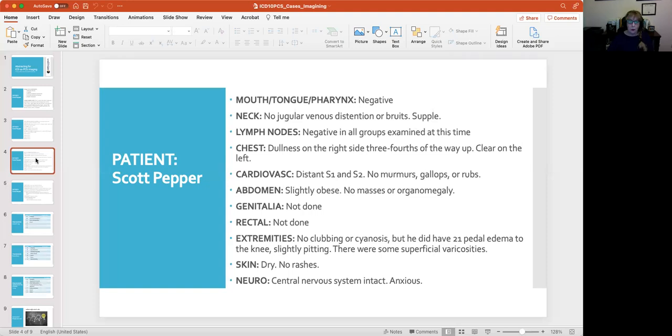Totally understandable. And, you know, another thing is when you read something like this, regardless of your particular role on this healthcare team, and even as coders, you need to remember this. Who wouldn't be anxious?